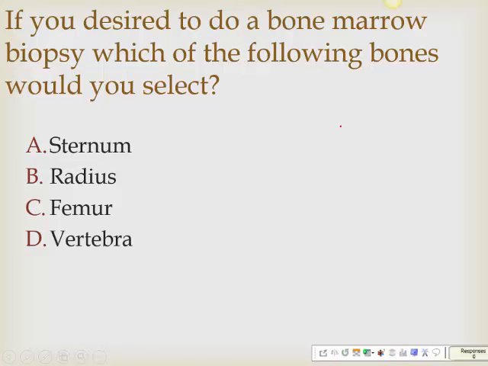Now let's say you desired to do a bone marrow biopsy. Which of the following bones do you think you would want to select? Let's say you want to do a bone marrow biopsy in an adult, or even a child, but let's say in an adult.